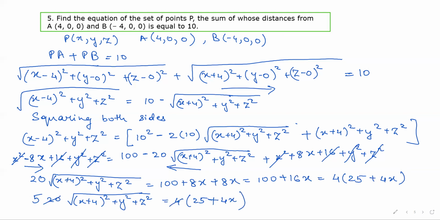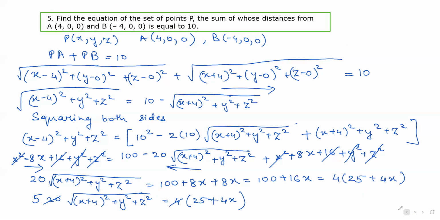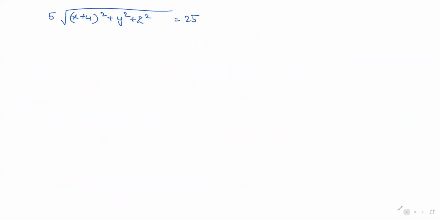Okay, now 5 root of (x plus 4) whole square plus y square plus z square is equal to 25 plus 4x. Now you can square both sides. Squaring both sides.